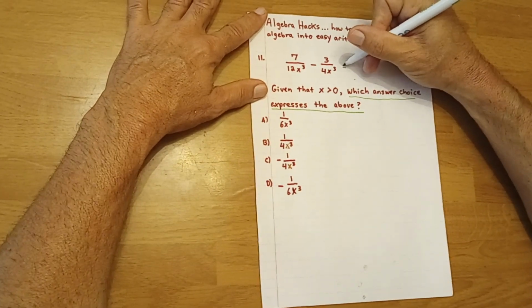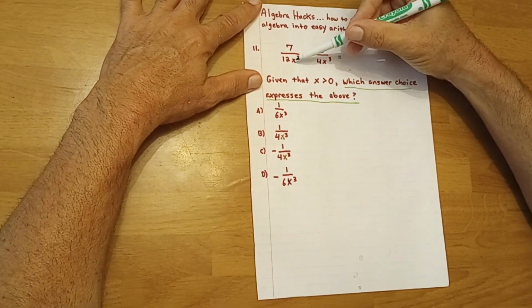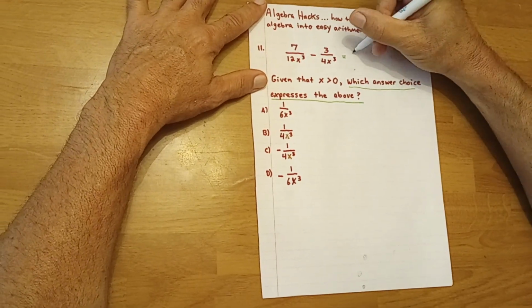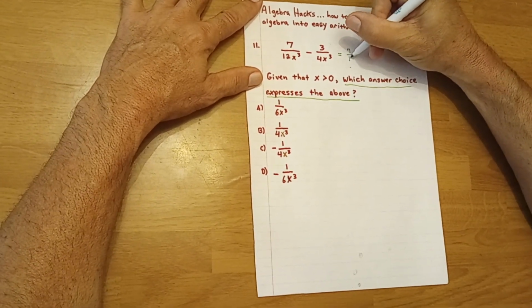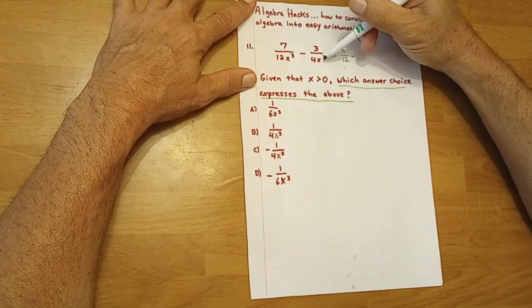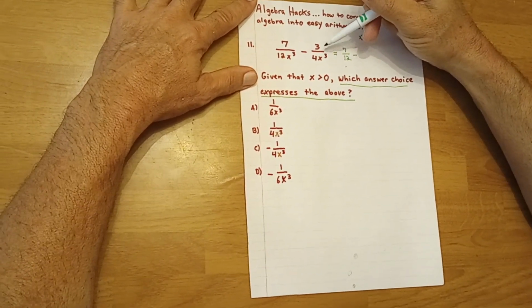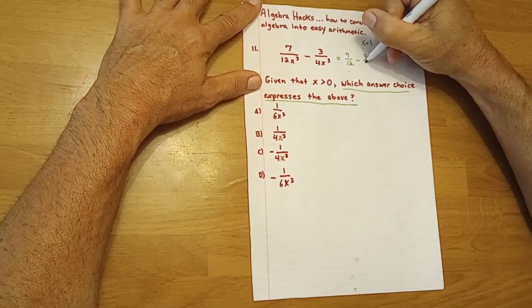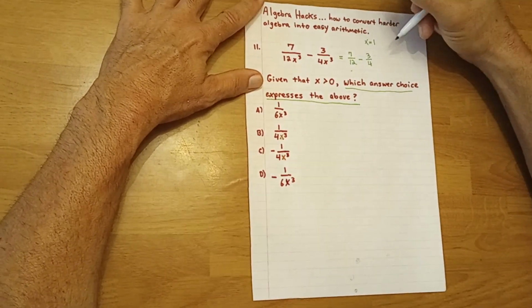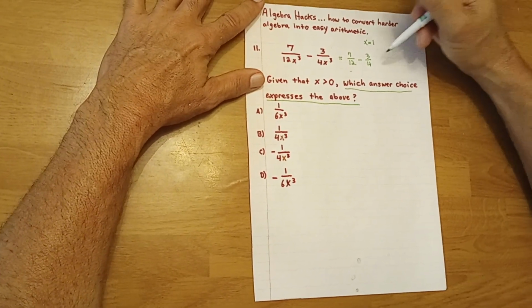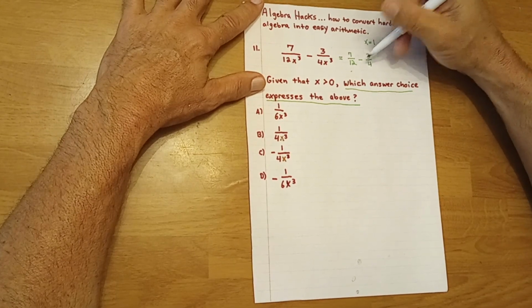And then here, this will equal: x cubed is 1, so 7 over 12 times 1 is 7 twelfths, minus, and again, x cubed is 1, so minus 3 over 4 times 1, or 3 fourths. Okay, now, here we want to get a common denominator. Obviously, we have a common denominator of 12.